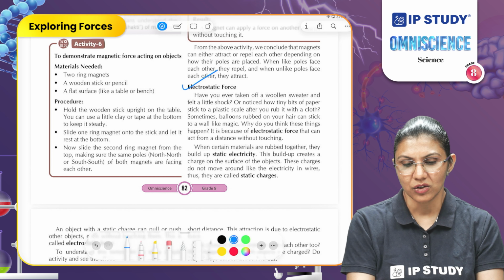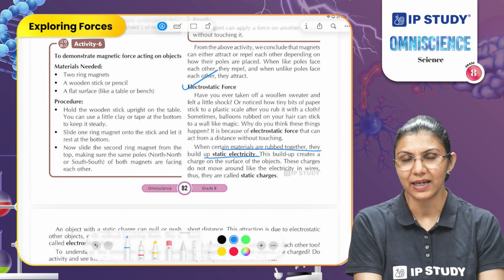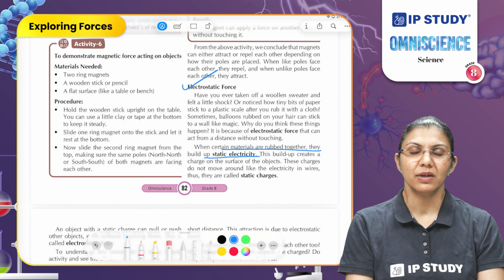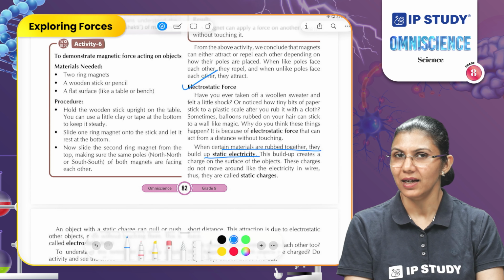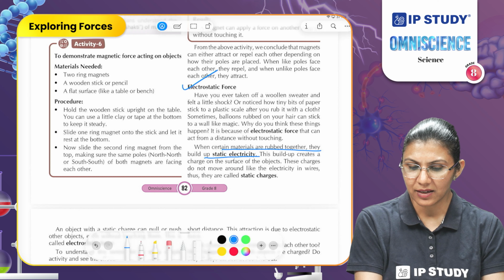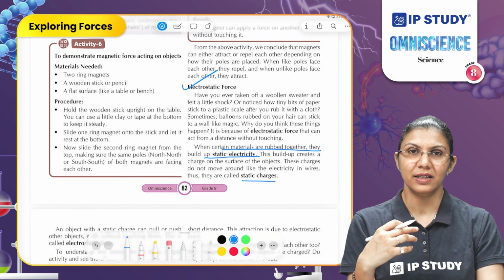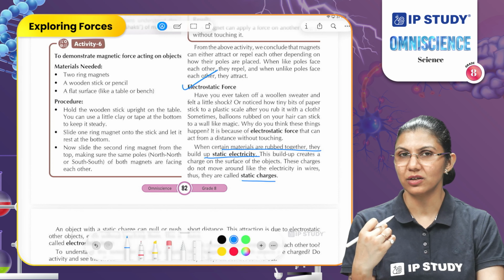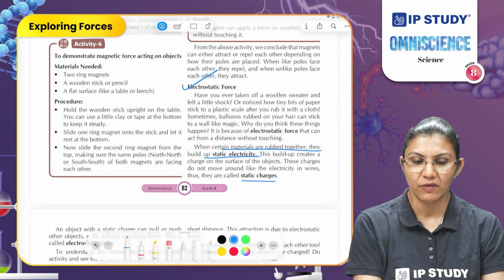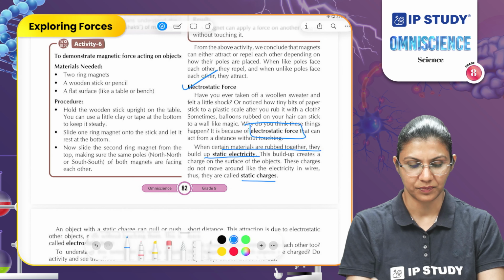So when certain materials are rubbed together, they build up static electricity, they build up static charge, but this charge doesn't move like the electric charge in a conducting material. So we call it static charge, and due to this charge, objects either repel or attract each other from a certain distance without coming in direct contact. So we call it non-contact electrostatic force.